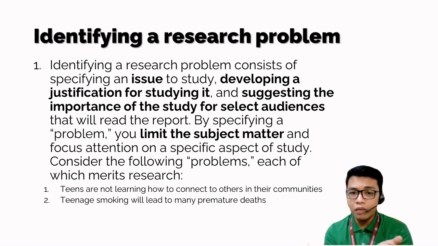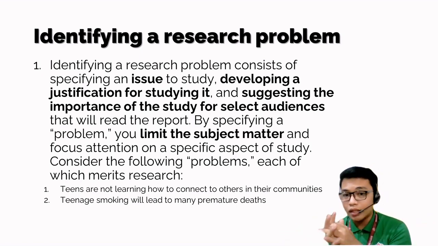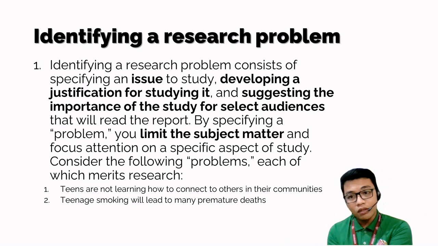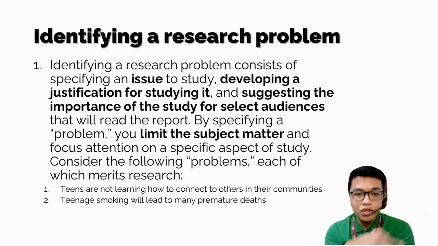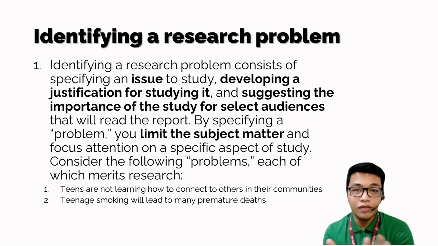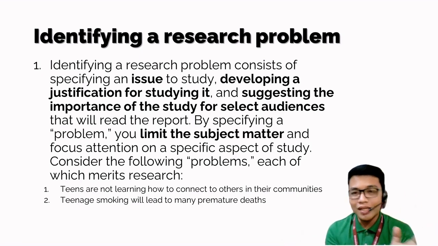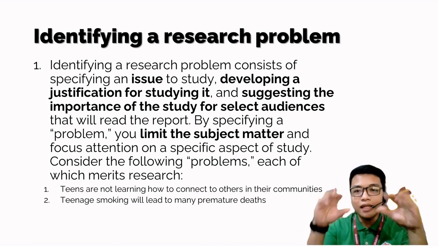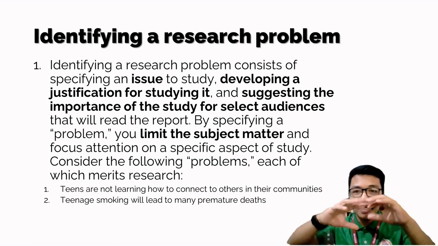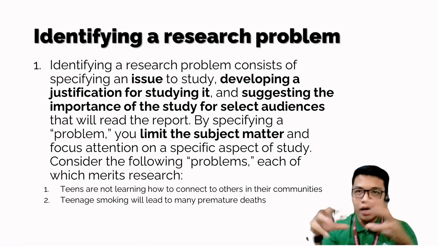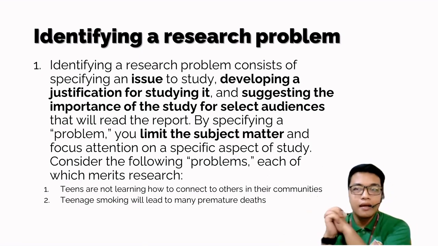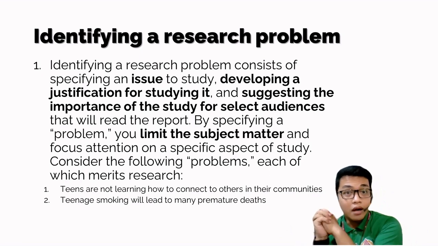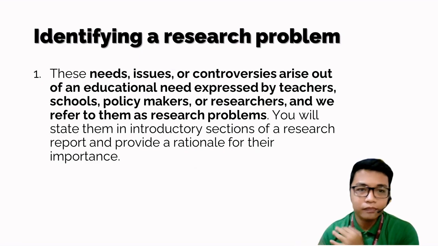So consider the following problems, each of which merits research. Say, for example, teens are not learning how to connect to others in their communities, or teenage smoking will lead to many premature deaths. These are very broad issues. But from these broad issues, you can take an aspect of it, limiting that subject matter, and develop a justification for why this is important, and then you can present probably doable research.